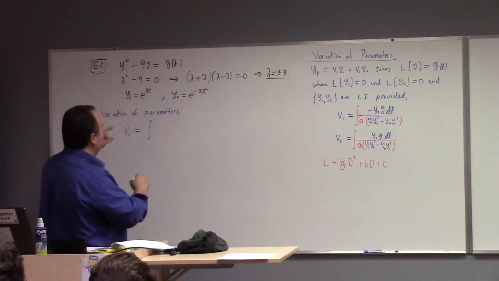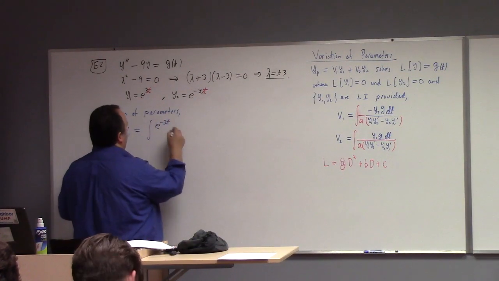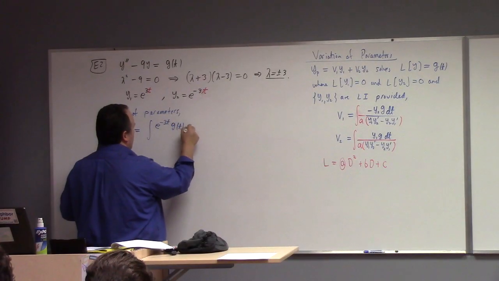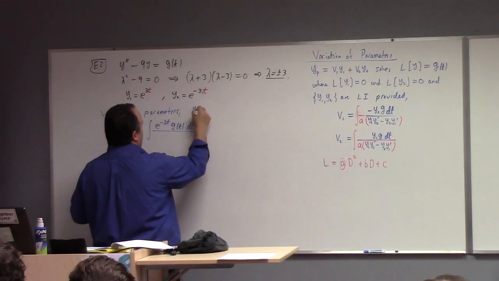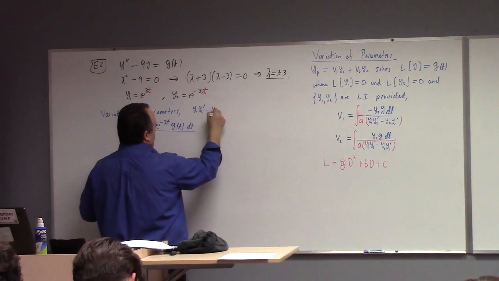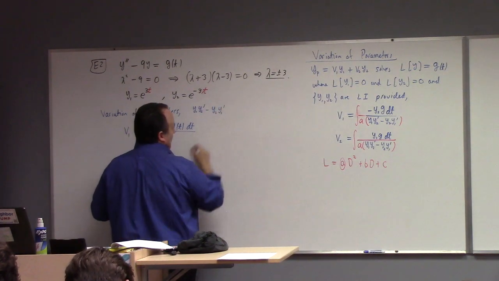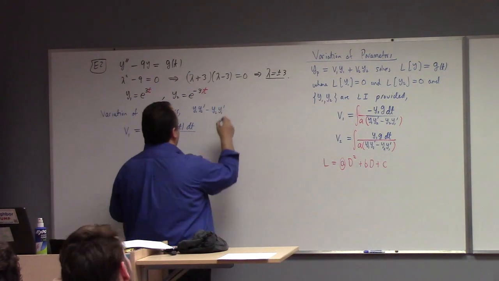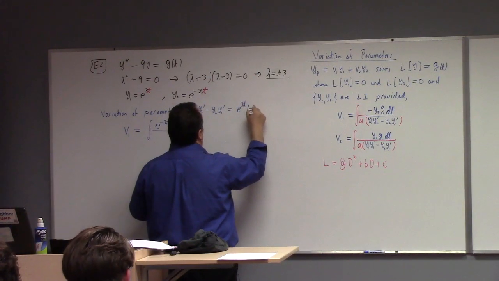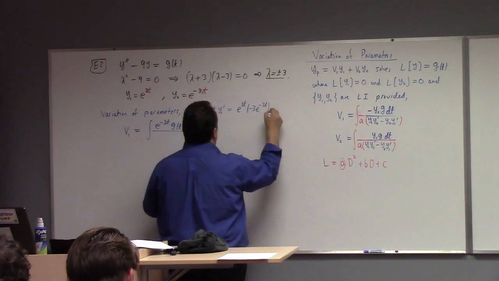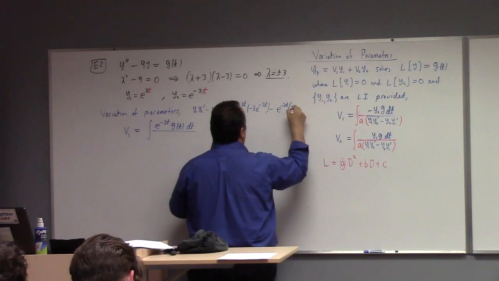For v1, I've got e to the minus 3t and g of t dt, divided by what? Let's work out y1 y2 prime minus y1 y2 y1 prime, yeah? What does that work out to? Ooh.